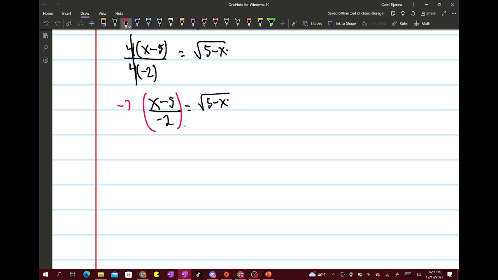So this would be something like this. Actually, wait, hold on. No, my bad. Not that. We're not multiplying. So what you're going to do is we're going to go ahead and square both sides. So let's see, hold on 1 second.